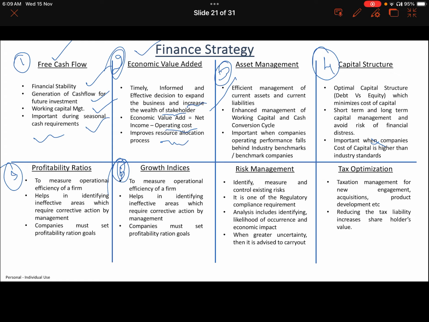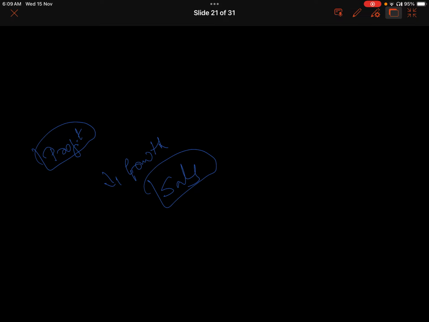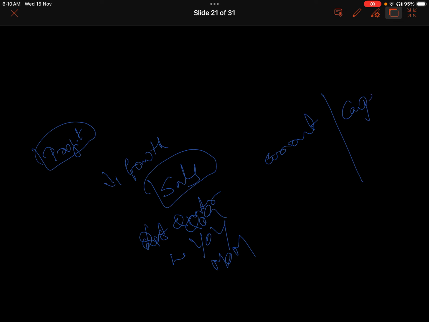Growth indices are like companies measuring their performance not only on the basis of profit, but also on the growth side. What is my sales? What were my sales last quarter and current quarter, last year, year on year comparison, quarter on quarter comparison, month on month, how we are performing, and also how my competitors are working.